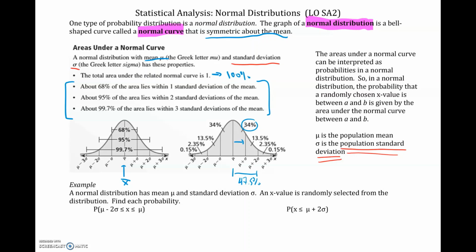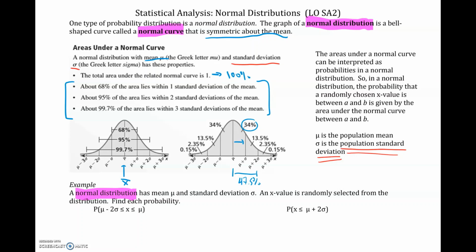So if you look at this example, we have a normal distribution. Really important that you see it's normal. If it's not normal, then we're kind of stuck. We have a normal distribution that has a mean, mu, and a standard deviation, sigma, and an x value randomly selected from the distribution. So that means something underneath that curve, right? We want to find the probability. So what does this mean?